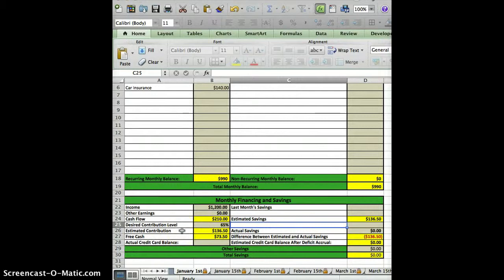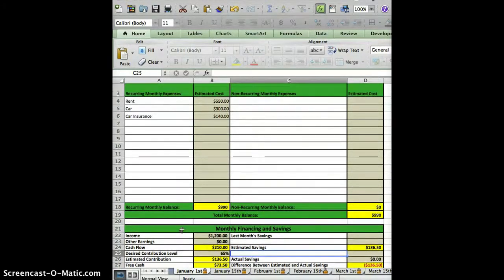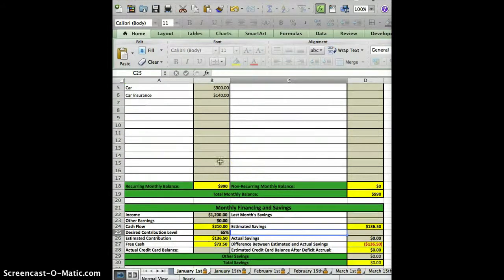So realistically, once you've gotten a pretty good gist of what your expenses are, and you've given yourself some leeway, and you've said, oh, this is $5 or $10 more here and there, and once you've done that, you'll say, okay, I will have $136 that I need to put in the savings.